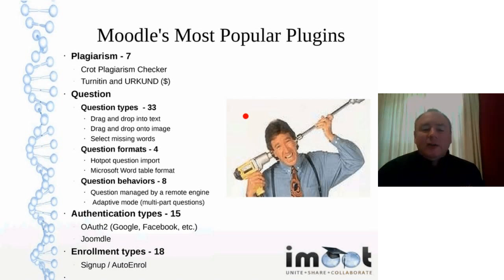They're subscription-based, so if you are subscribed to either of those, you can install that plugin into Moodle to allow works that are submitted to be checked for plagiarism. Crot Plagiarism Checker is a free checker, and you can read about how it tries to make sure that students within an institution aren't cheating off of each other.